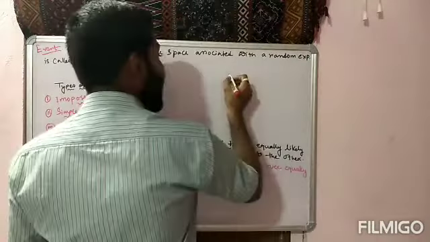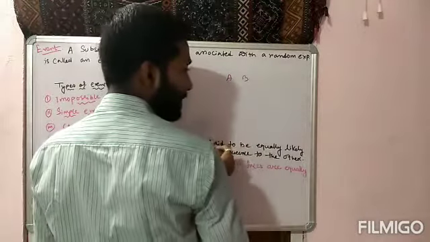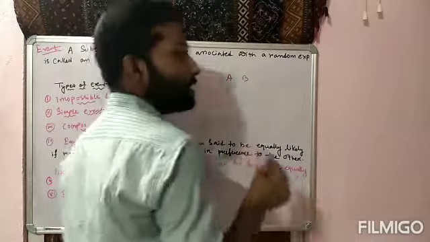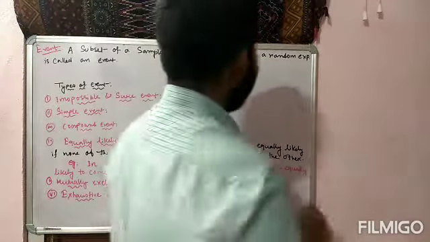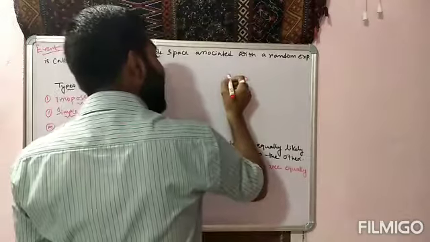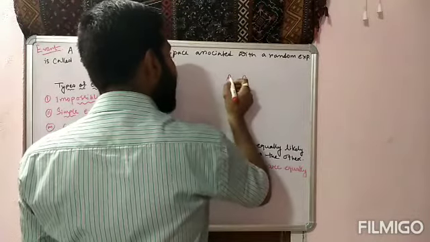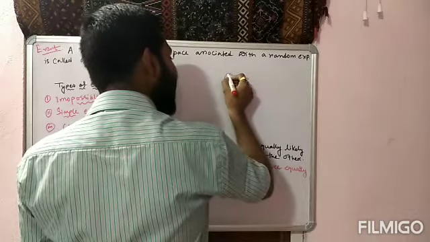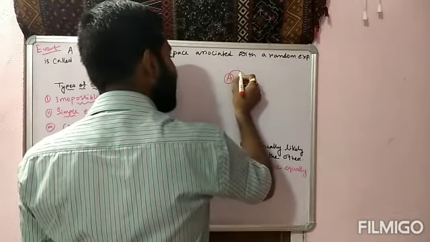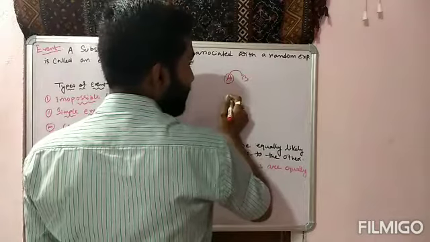Suppose if A and B are two sets, if A and B are two non-empty sets, then A is said to be the subset of B if every element in A must be present in B. Okay?